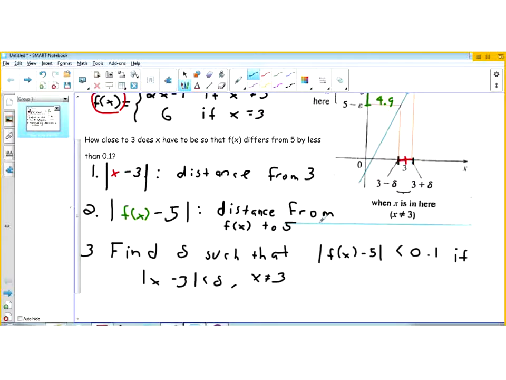And delta is kind of an upper limit, a limit for a range of x's.